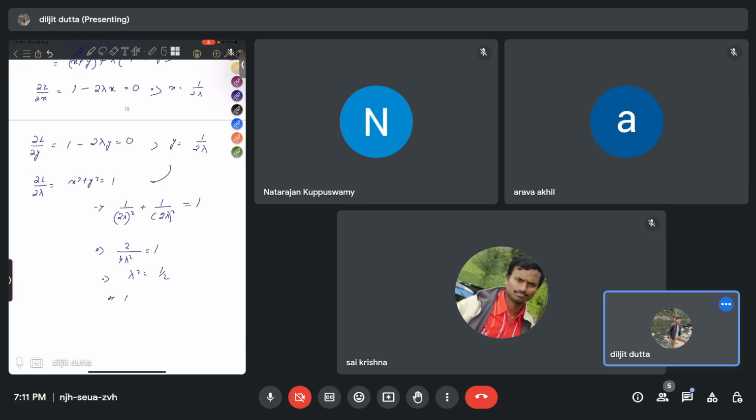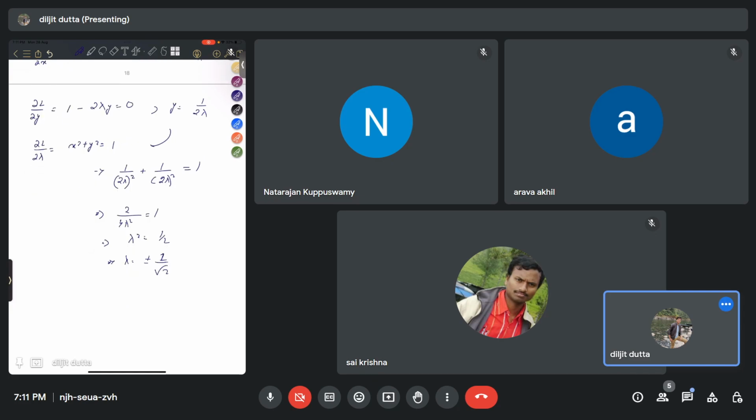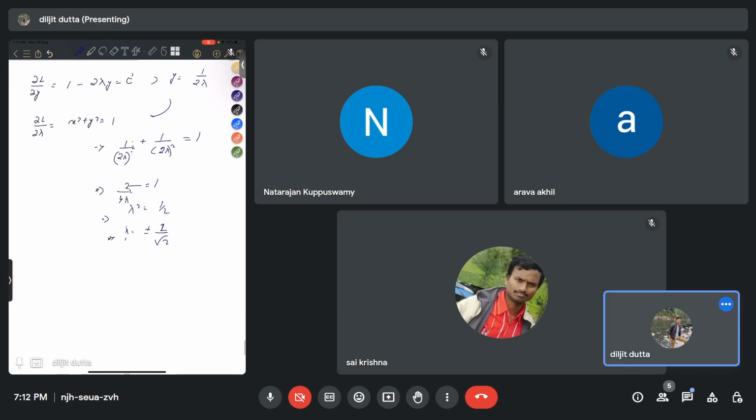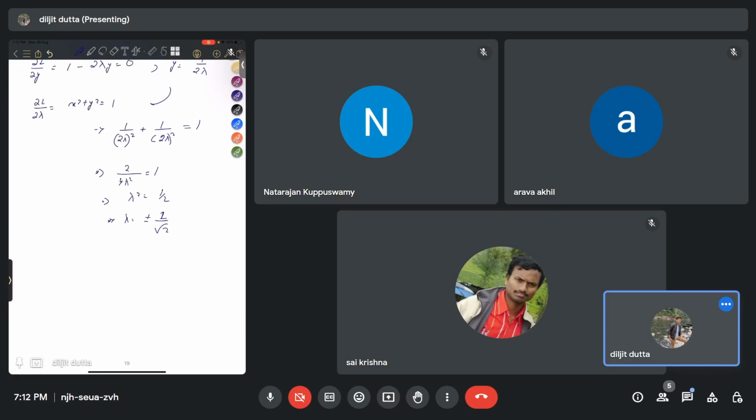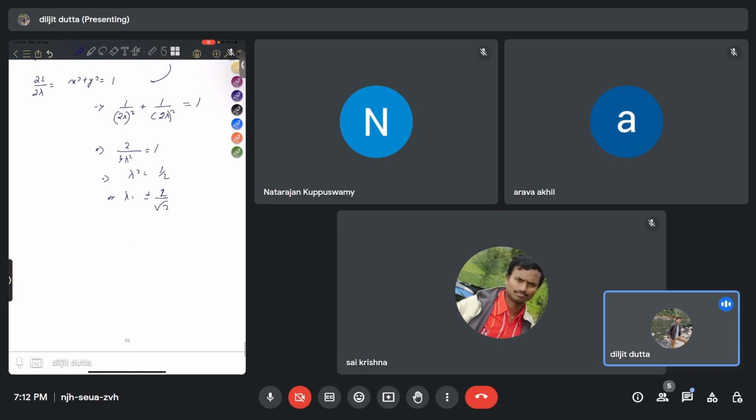This implies lambda is equal to plus minus 1 by root 2. Now there are two values of lambda that are possible. One is lambda is positive, and second is lambda is negative.